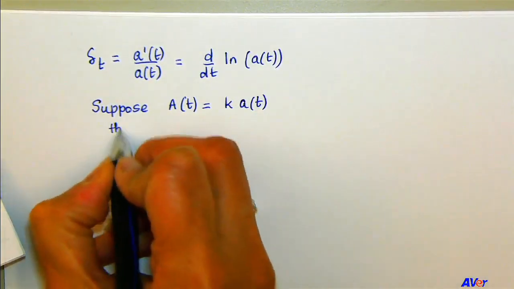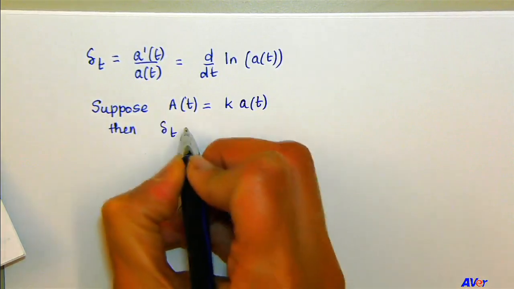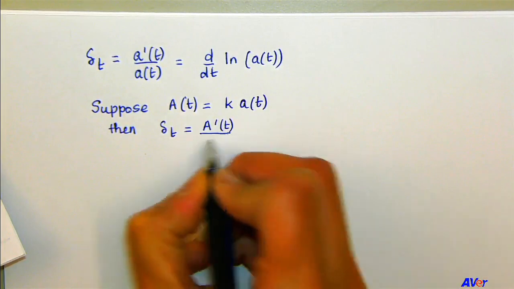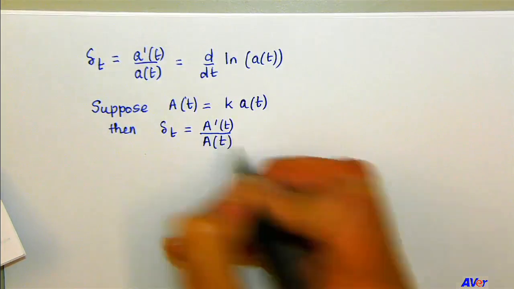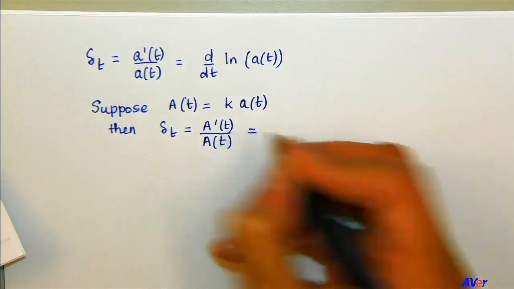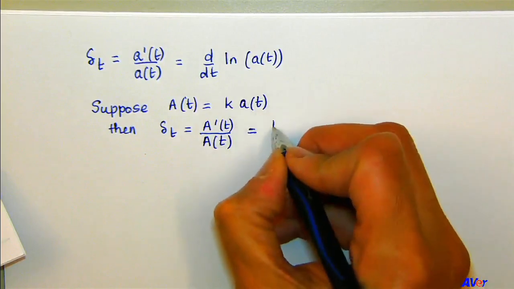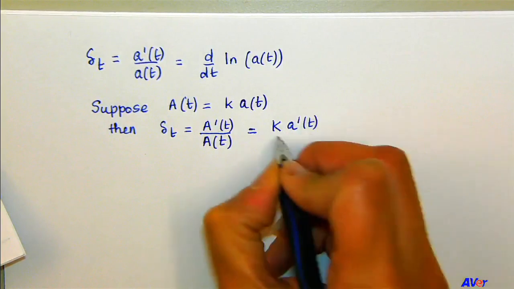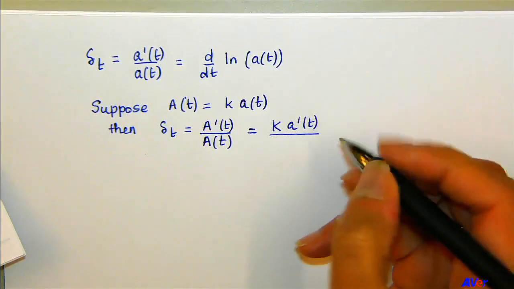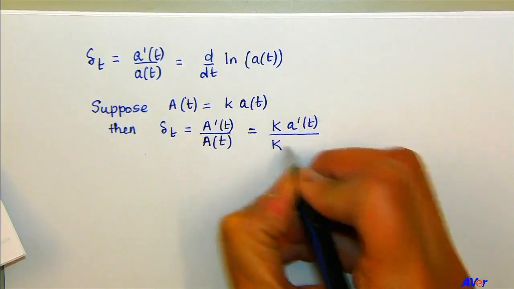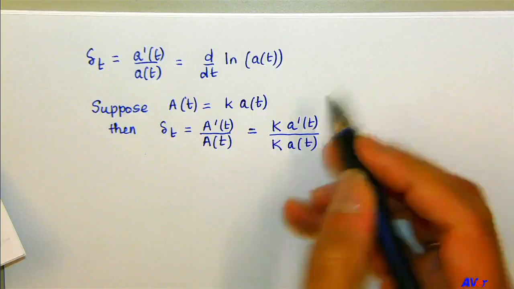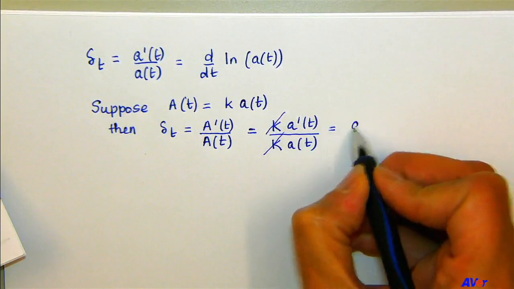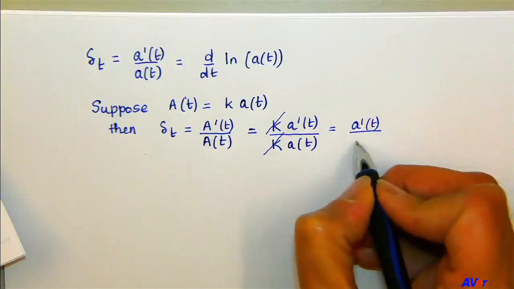Then delta of t is equal to A prime of t over A of t also, because A prime of t is equal to k times a prime of t, and A of t is equal to k times a of t, and because the k's cancel, you're still left with a prime of t over a of t.